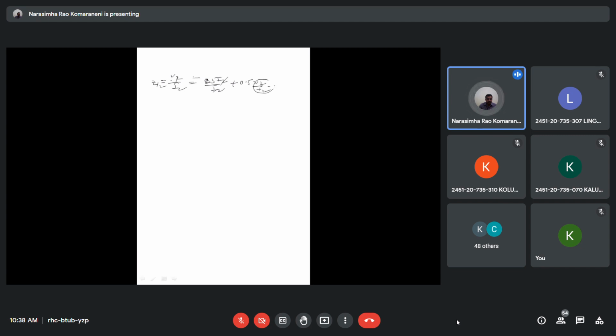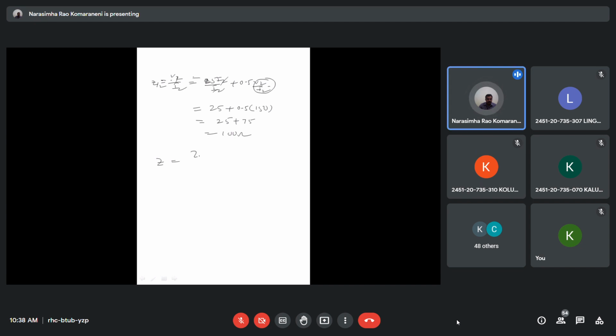What do you mean by V2 by I2? V2 by I2 is nothing but the Z22. How much did you get? Z22 value is 150 ohms, right? So therefore 25 plus 75. So this is nothing but 100 ohms, right?